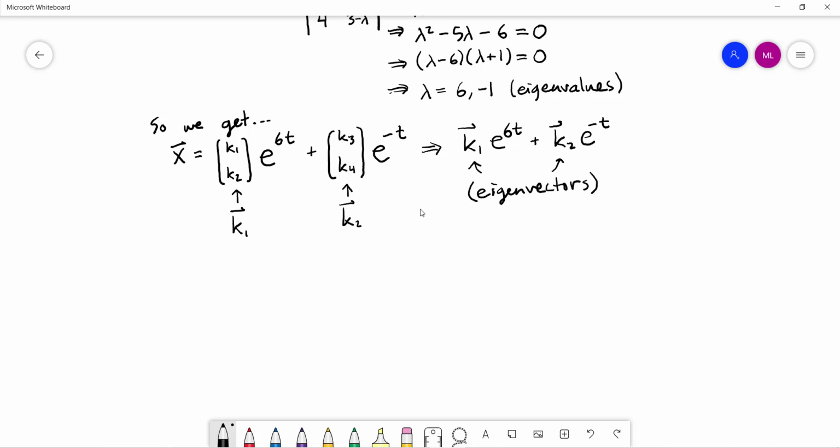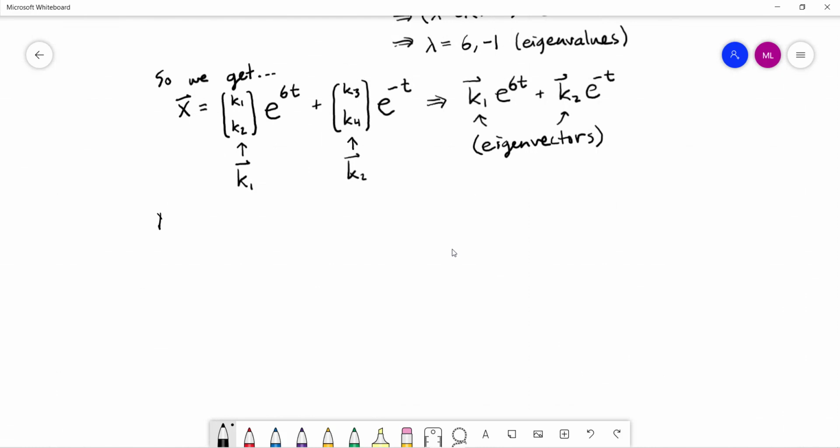They're the vectors that allow us to get a solution that will work for what we're looking for. So how do we find these? Now we need the k vectors. How do we find them?